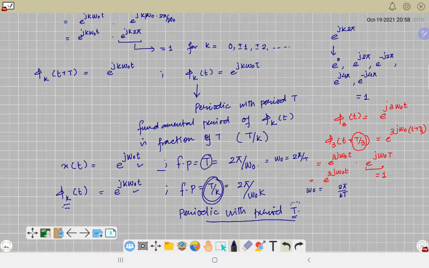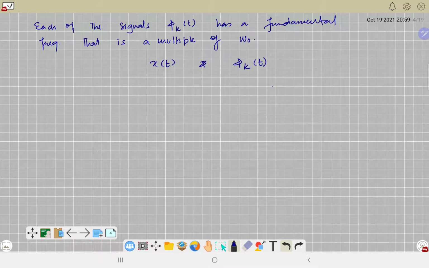This has a fundamental period T. This also has a fundamental period which is a fraction of this T. Not only that, its fundamental period is also the period for this newly found signal. So they have these fundamental frequencies that are related by the parameter k. So we say that the signal x of t is harmonically related to the signal phi k of t.